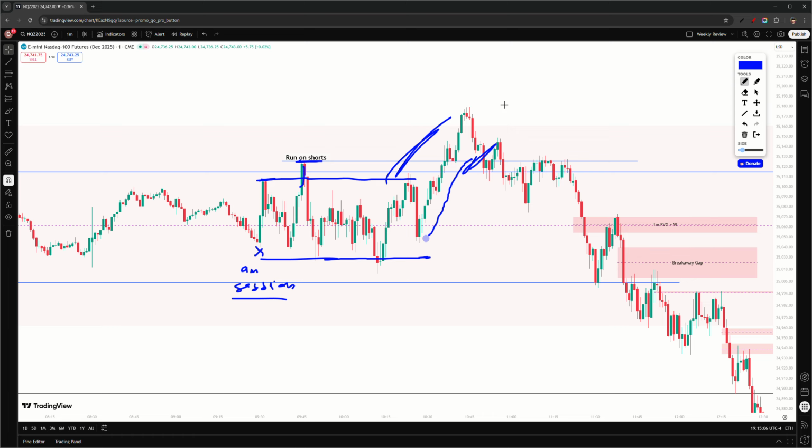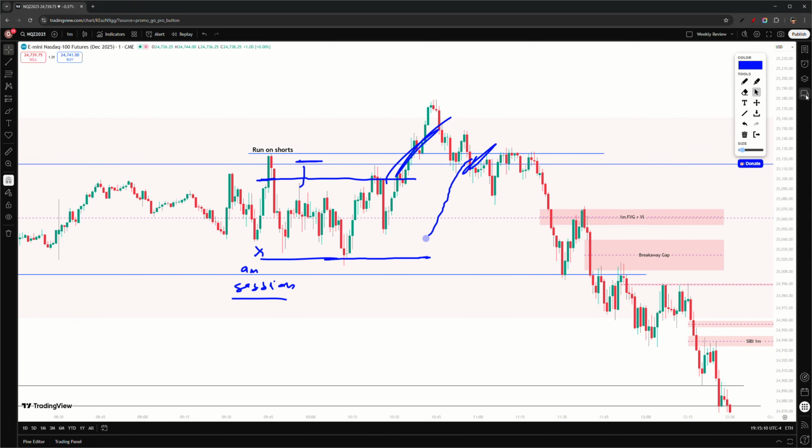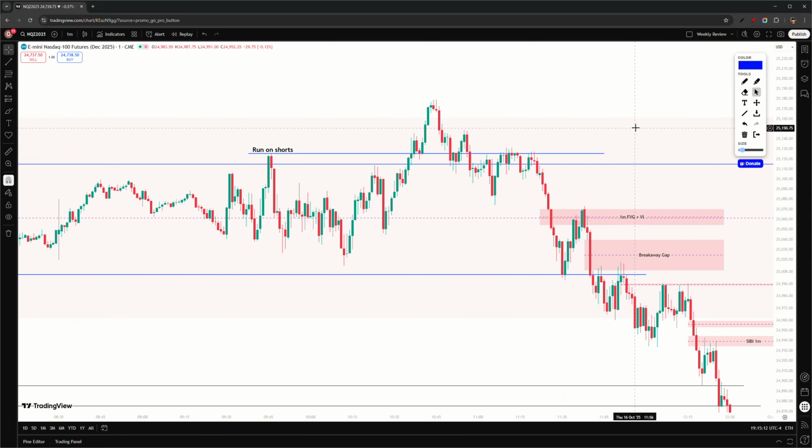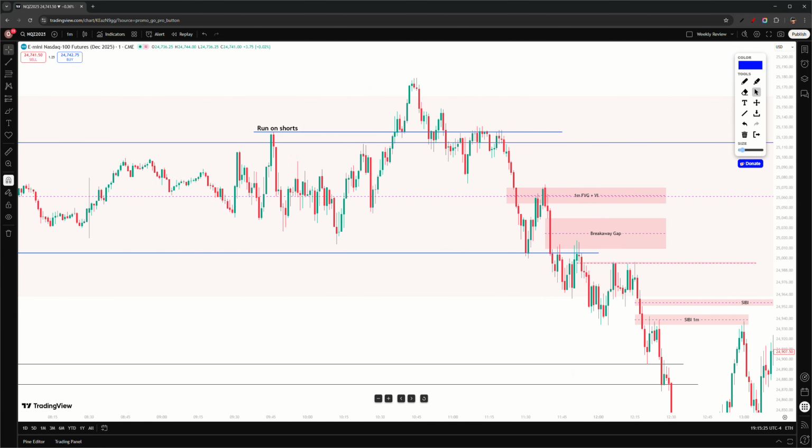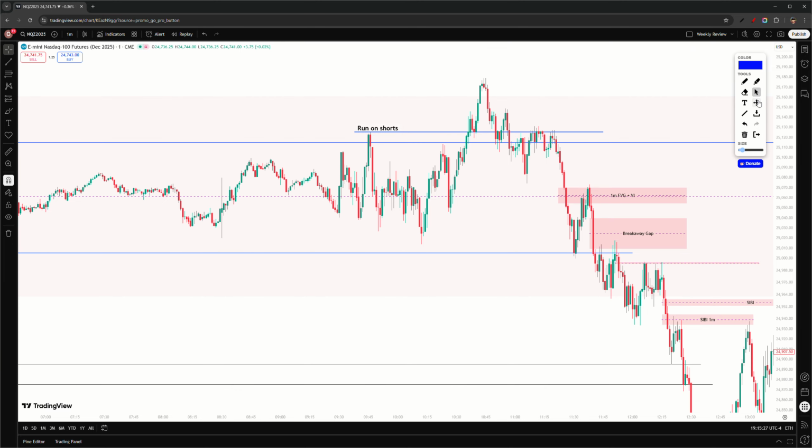So I want to walk you through market structure, right? The idea of market structure and how it was useful to understand that price was gonna keep going lower and lower and lower, because there are people who were thinking that this is just gonna be a run on this sell side liquidity, those relative equal highs here, and then it was going to resume higher.